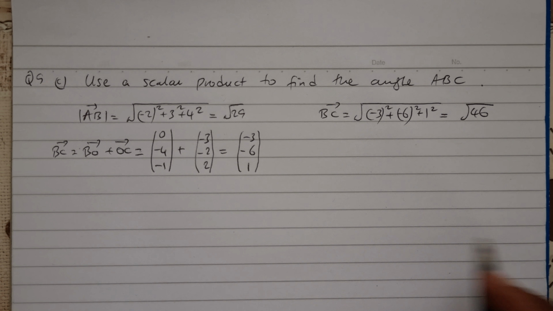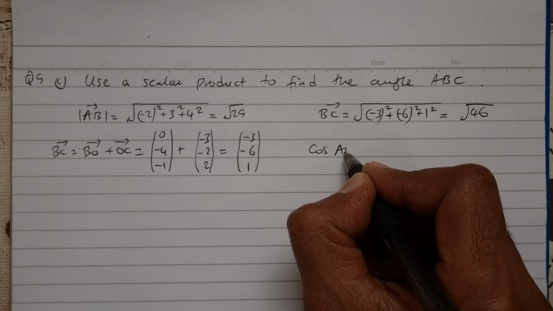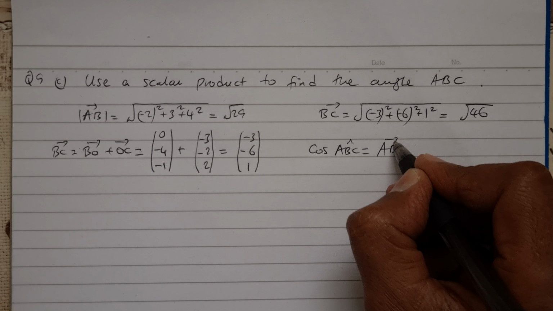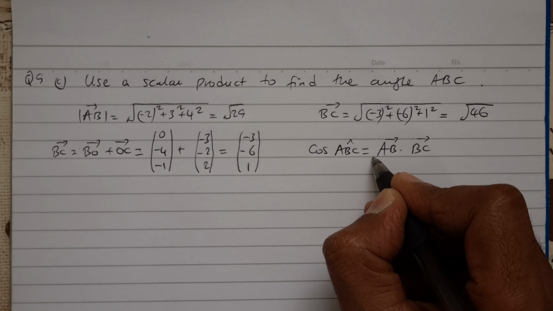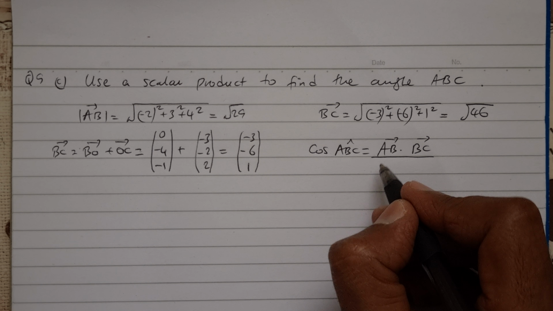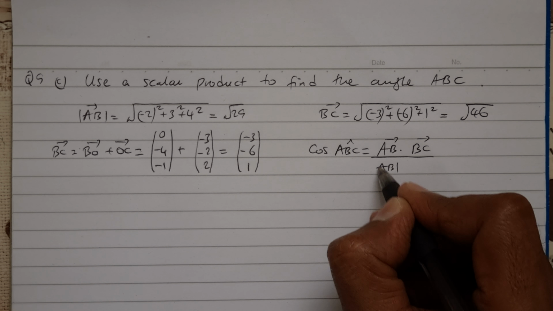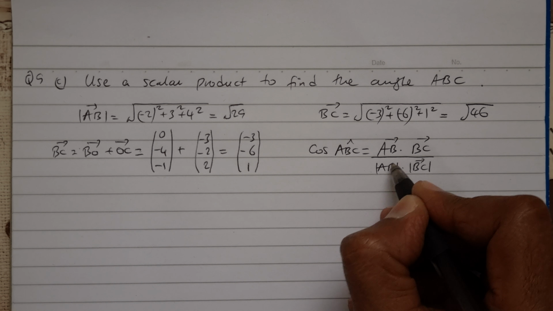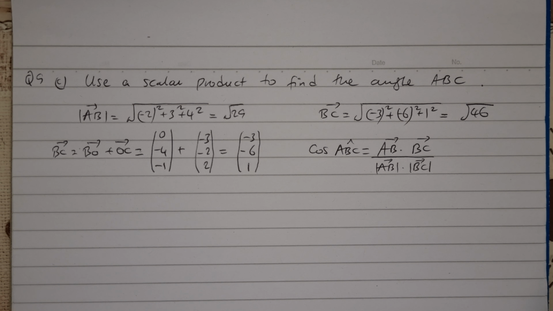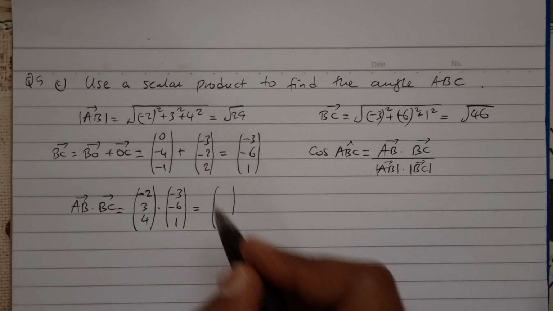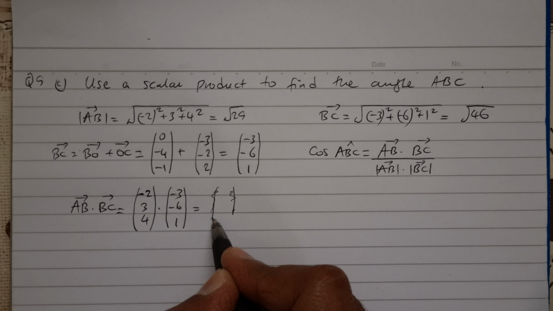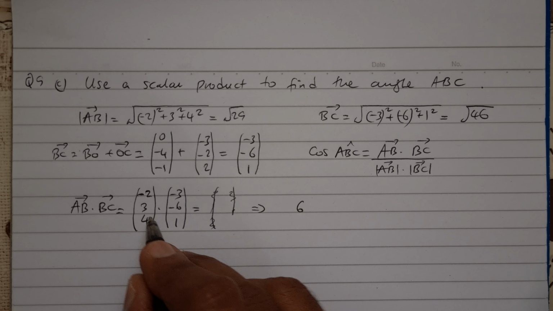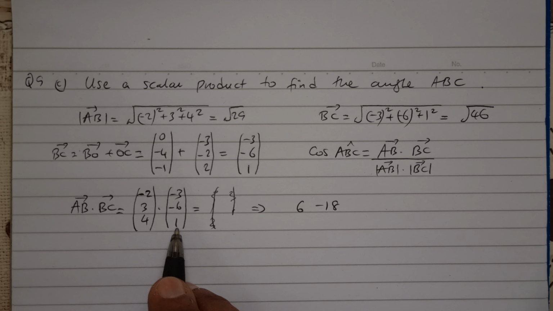Now, of course, we know that cos of the angle ABC is equal to AB dot product with BC divided by the product of the magnitudes of those two vectors. So let us find the dot product of AB times BC, which leads to this. If we do this dot product, it's going to lead to 6, minus 18, then plus 4.